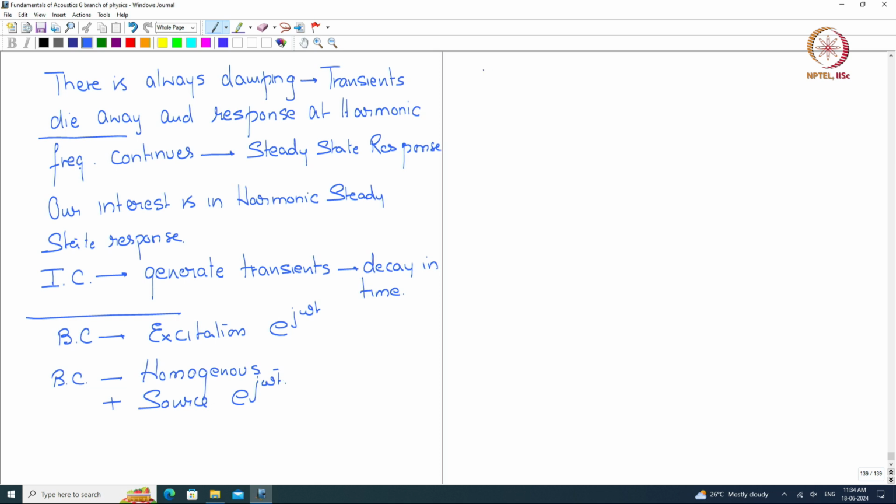Transient sound, that means transiently excited sound, which has broadband, broad frequency content, is useful, but it is in very specific applications.